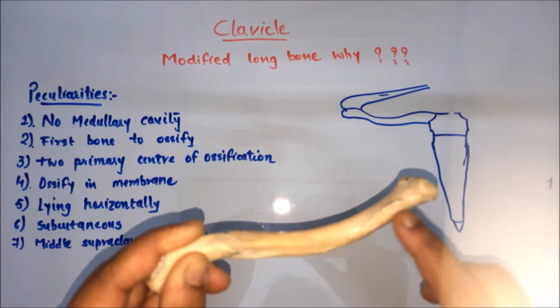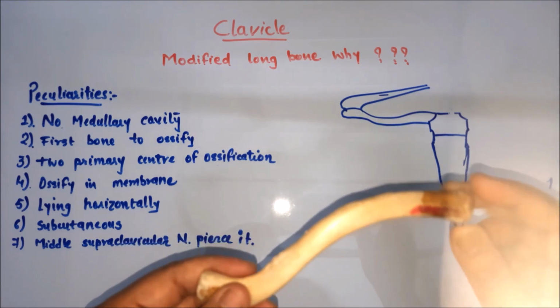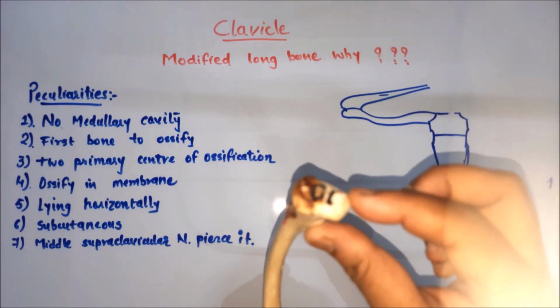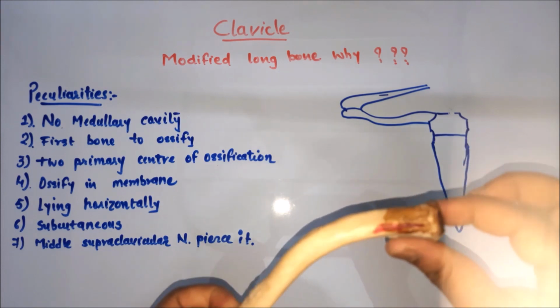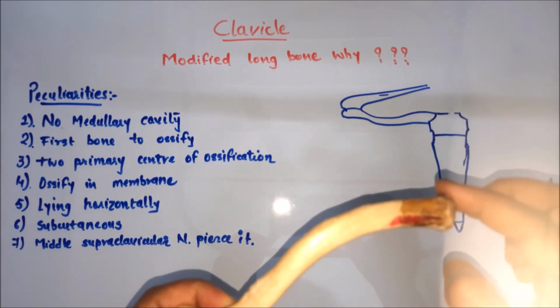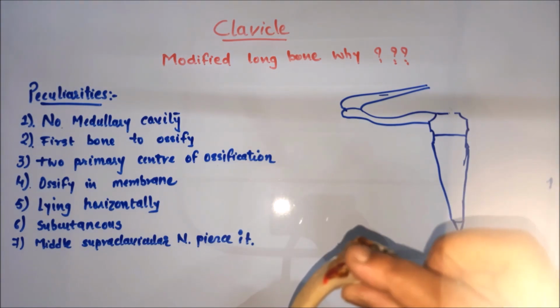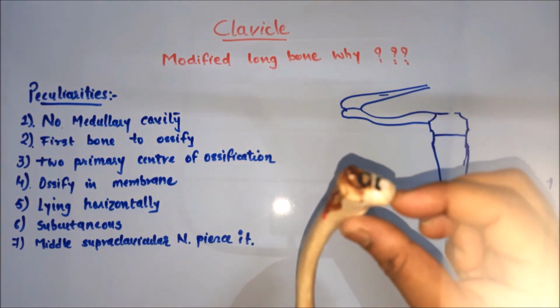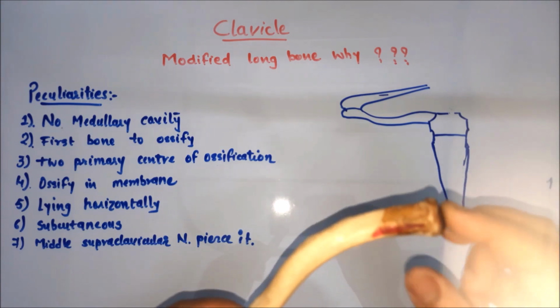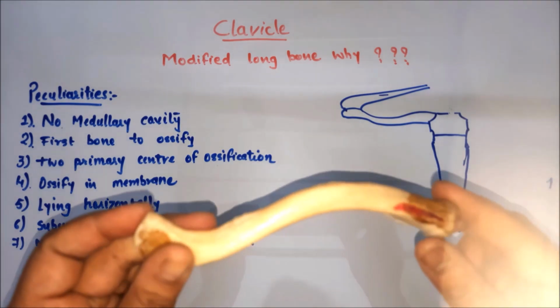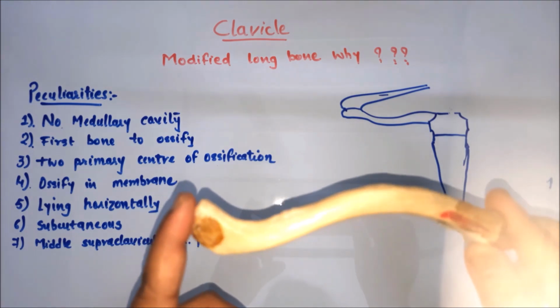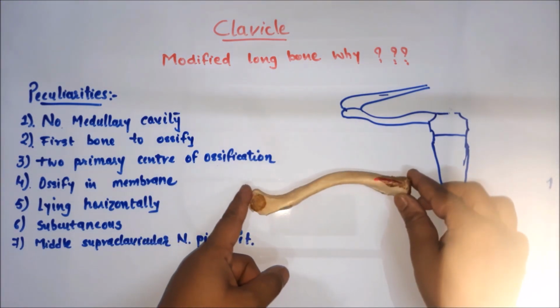And on the margins of the medial end there is the attachment of the capsular ligament of the sternoclavicular joint. So, this is about the clavicle.